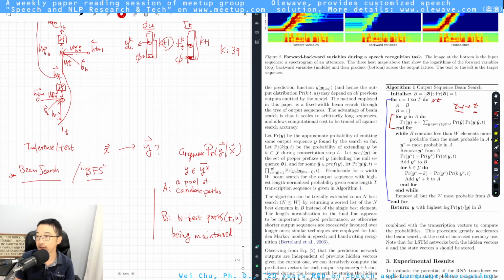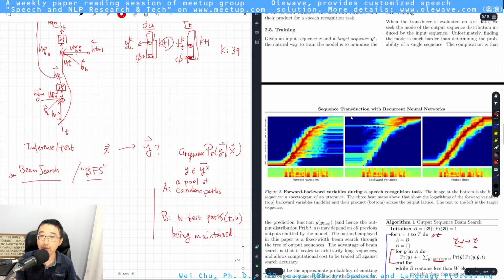You can see that it's very easy to understand. This one means the prefix of y, okay? He just says any y's probability is, okay, any probability of y, remember this.